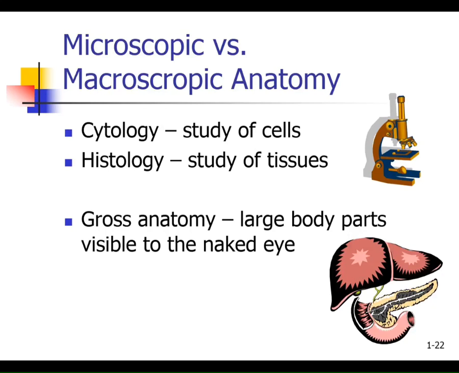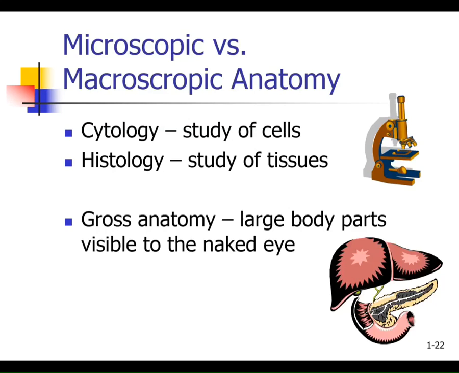So, macroscopic versus microscopic anatomy. Macro, big, micro, small. So we're dealing here with what we cannot see with the human eye. We have to use a microscope to see cells. We have to use a microscope to see tissues. When you're studying cells, we call that cytology. We'll look at some cells next week in Lab 2.